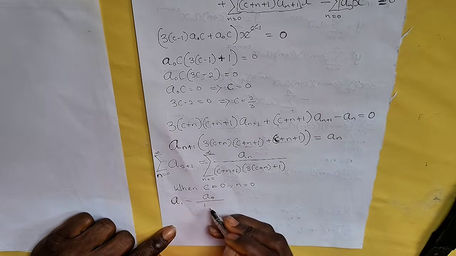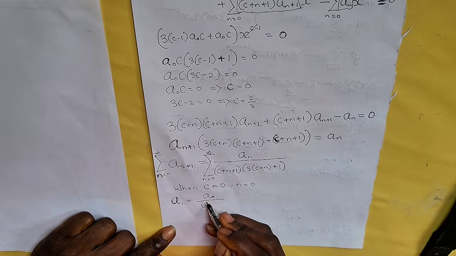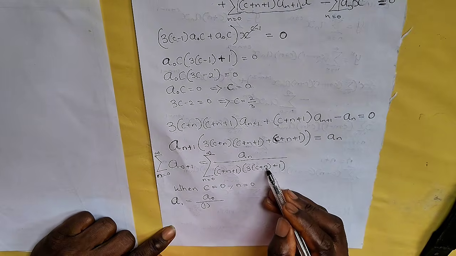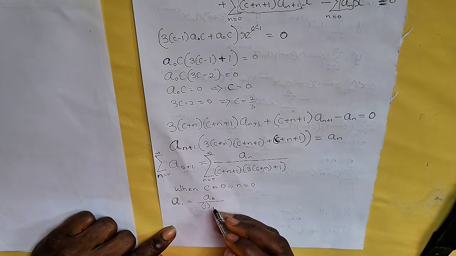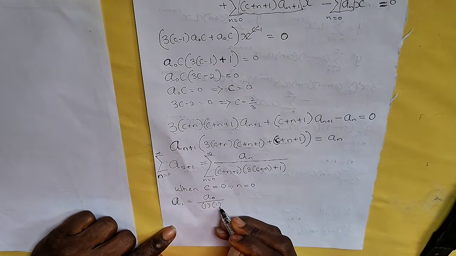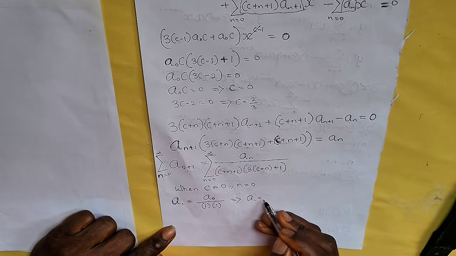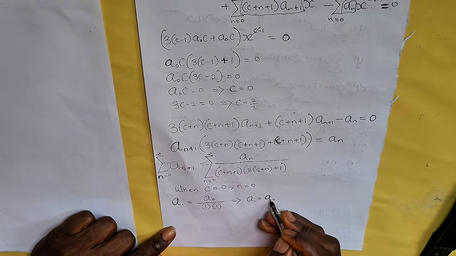I'm going to have 1 in this bracket. Then I'm going to put 0 here. 0 plus 0, 0. 3 times 0, 0 plus 1. So I'm having plus 1 here. So what will I have? I will have that a1 is same thing as a0, okay?